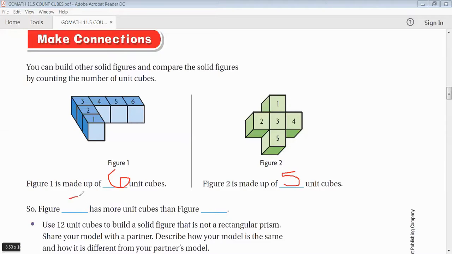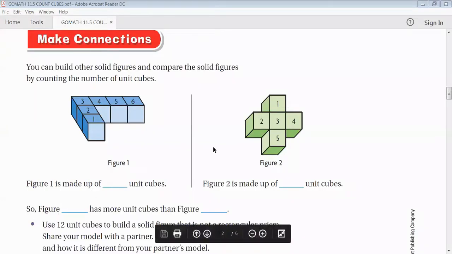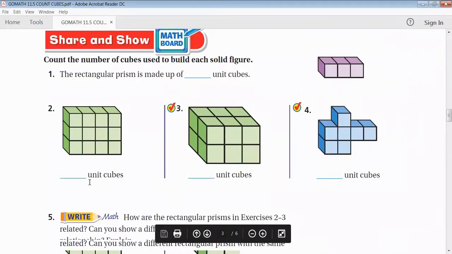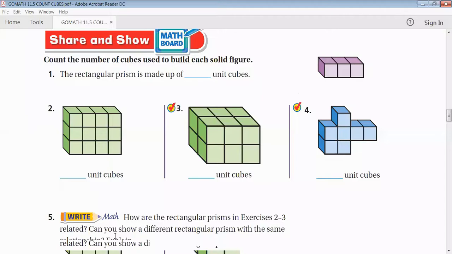So we're going to write figure 1 has more unit cubes than figure 2. Let's look at some more examples, and let's begin with share and show.